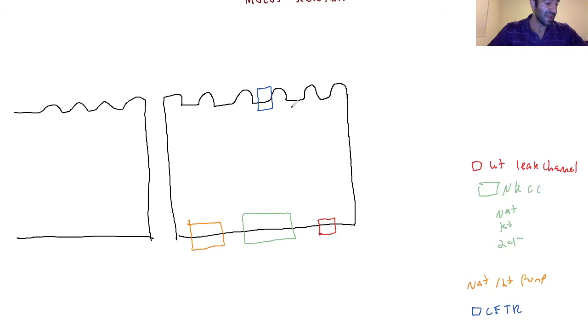Okay, so what's going to happen is that the NKCC symporter is going to move in exactly as advertised. It's going to move in potassium, sorry, 1 sodium, 1 potassium, and two chlorines.